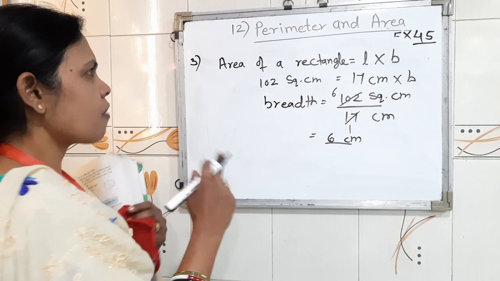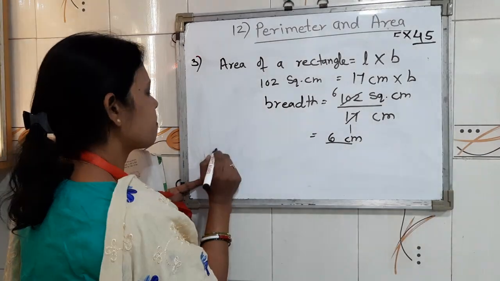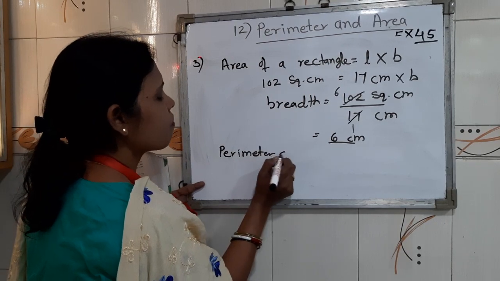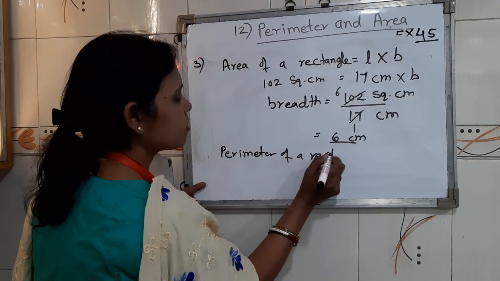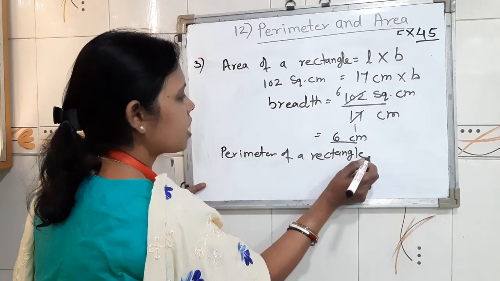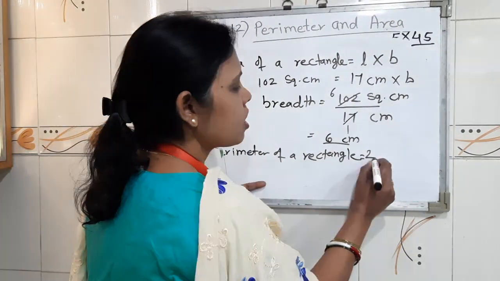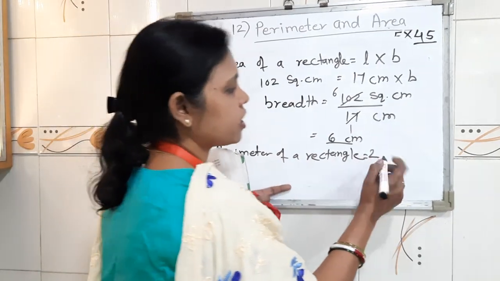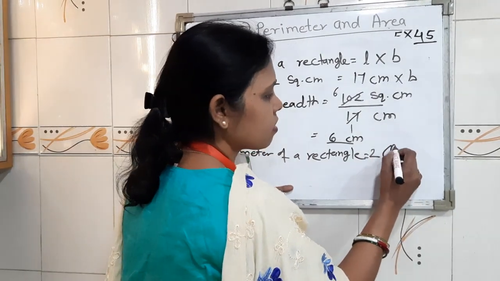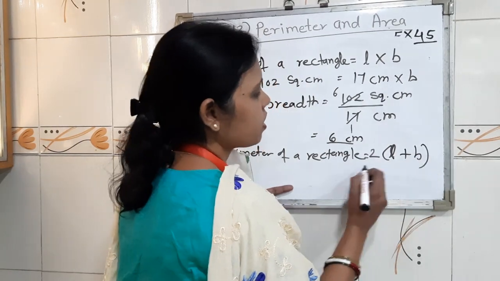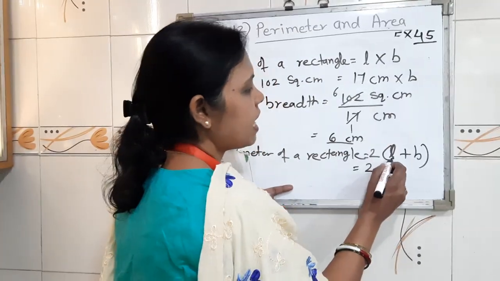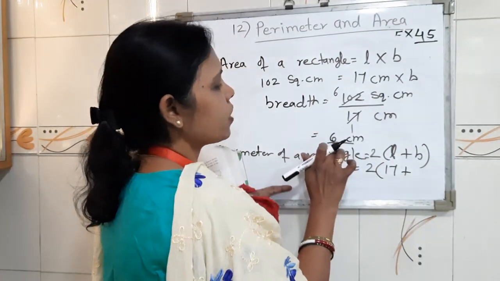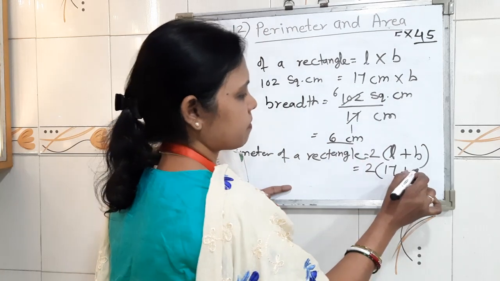Therefore children, now we are going to find out perimeter of a rectangle equal to 2. Now here we are learning the new formula of perimeter of a rectangle, that is 2 times length plus breadth. So children, here length we know that is 17 plus now we got breadth that is 6.